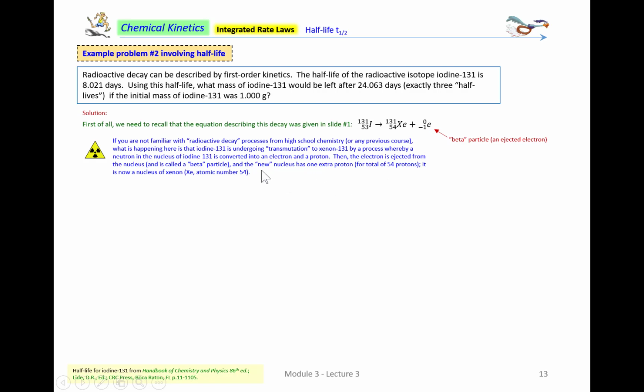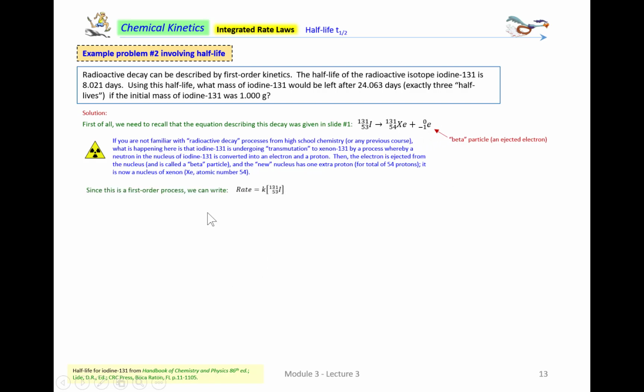And the new nucleus now has an extra proton. So the nucleus now has 54 protons, and as you recall, the element is defined by the number of protons in the nucleus, xenon has 54 protons. So we've turned iodine into xenon and ejected a beta particle.